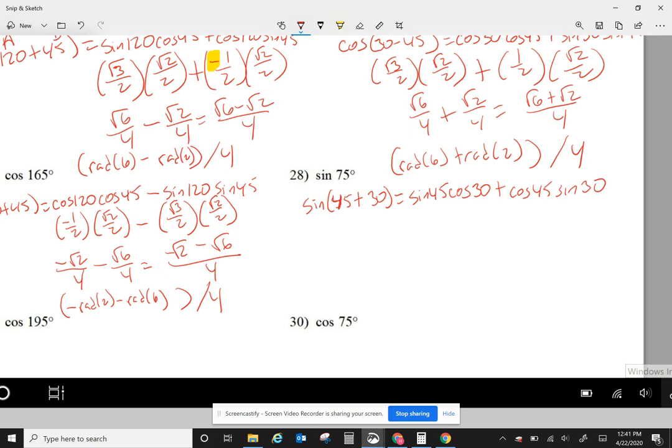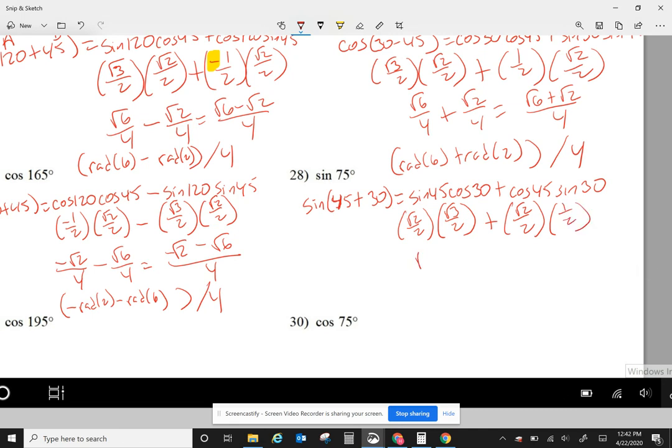Now, according to a unit circle, sine of 45 is radical 2 over 2. Cosine of 30 is radical 3 over 2. Plus, cosine of 45 is radical 2 over 2. Sine of 30 is 1/2.